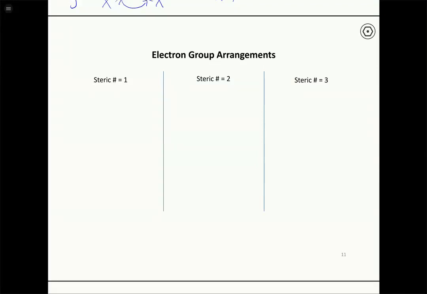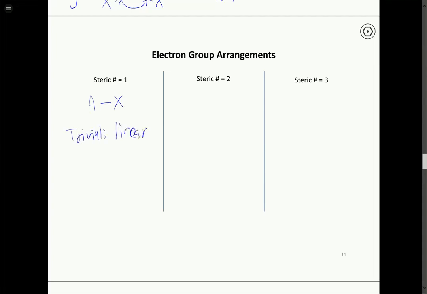We're going to start by just giving you the structures where all of them are outer atoms. But anyway, if we have just one thing bonded to the central atom, of course it's going to be linear. So this is the trivial case, because if you have two atoms, they can't be anything but linear. That's just geometry. If we have a steric number of 2, the electron groups are going to arrange themselves in a linear fashion.